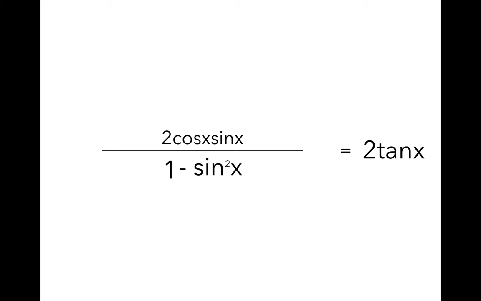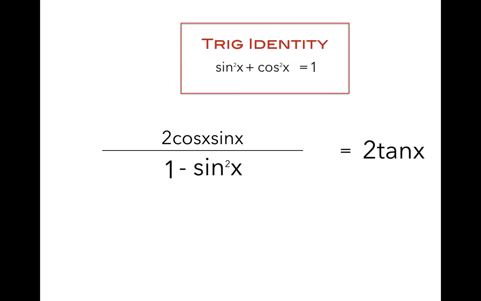So now I'm kind of stuck. Now what do I do next? Well, this is where memorizing the identities comes in handy, because 1 minus sine squared x isn't directly one of the identities, but you can derive this term from an identity. If you look at your identities, you'll know one identity that has sine squared x and 1 in there.